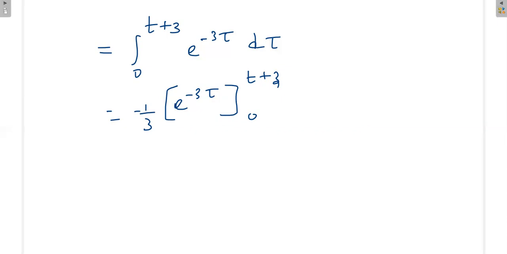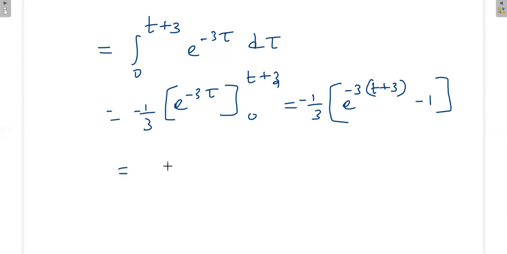So 1 by 3, e power minus 3 t plus 3, again e power 0 is 1. Again this minus we can absorb inside. So 1 by 3, 1 minus e power minus 3 into t plus 3.